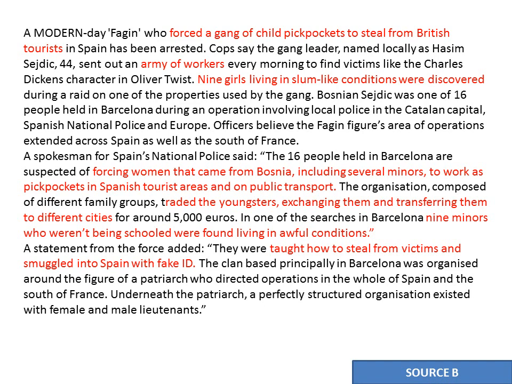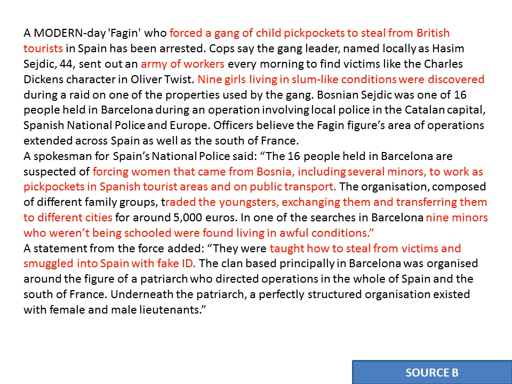Bit further down, forcing women that came from Bosnia, including several minors, to work as pickpockets. So again, they were forced to do it. They'd come from another country. Some of them were children. So rather than being straightforward criminals, we can work out that these people did not intend to be criminals, that they were being forced to. They were traded. They were transferred to different cities, so we can probably infer they were quite helpless.